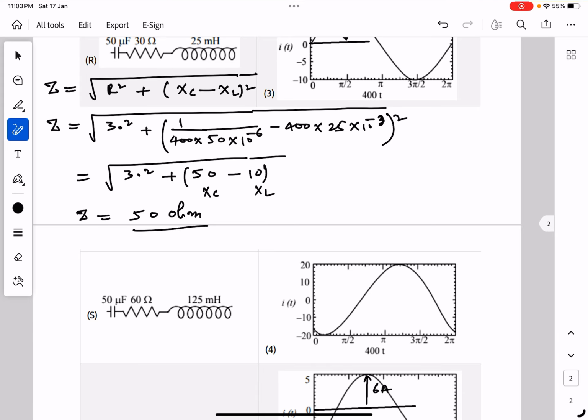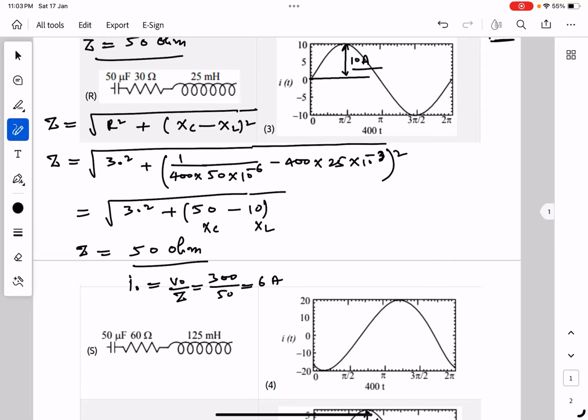Therefore amplitude of the current is V naught upon Z and this will be equal to 300 upon 50, which is 6 ampere. Let us now find out the phase difference. In this case XC is greater than XL. So current will lead the voltage and tan phi would be equal to XC minus XL upon resistance.